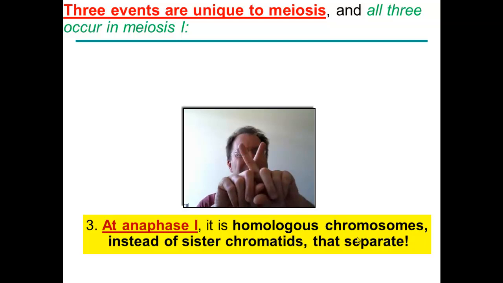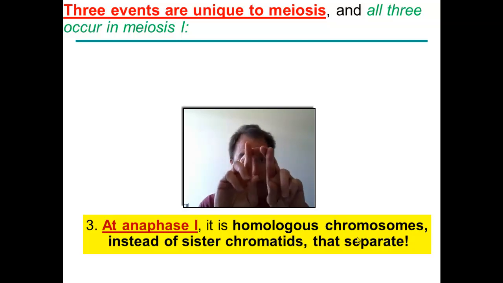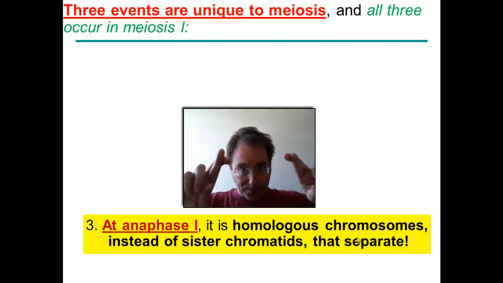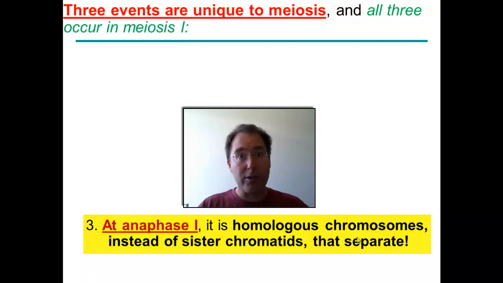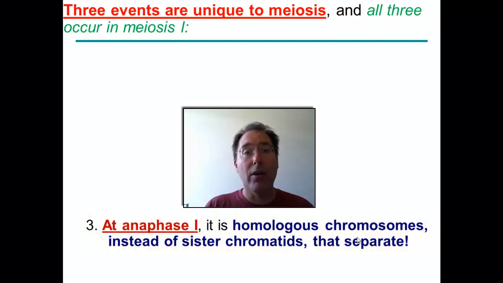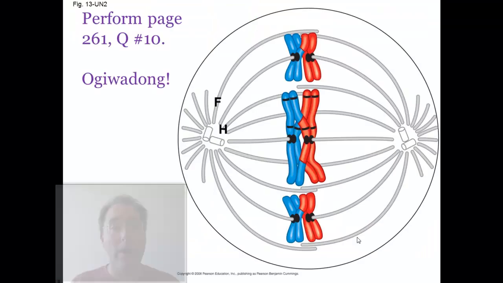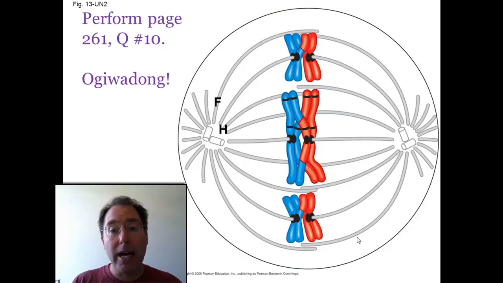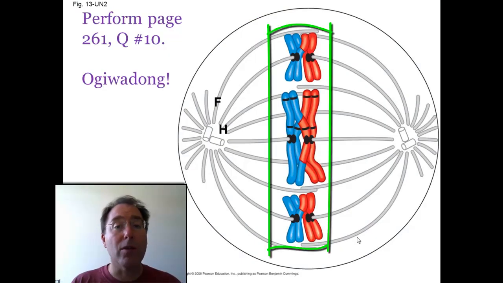It's not that the sister chromatids get split. That happens in meiosis 2, but in meiosis 1, the crossed over or sister chromatid, actually the whole X goes over, and you can see that if you look at the phases of meiosis 1. And you can kind of see that here, that the whole X or replicated chromosome is going to go over.